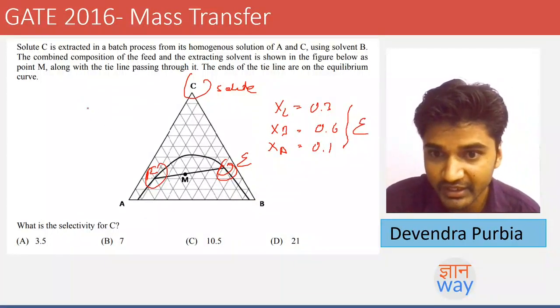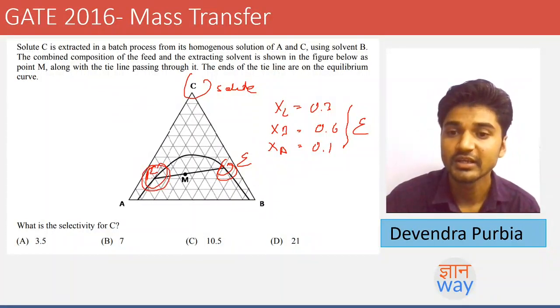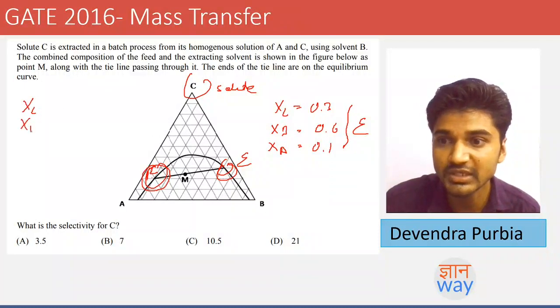Similarly, we can find the composition of the various components in the raffinate phase from this ternary diagram. We denote XC, XB and XA in the raffinate phase.